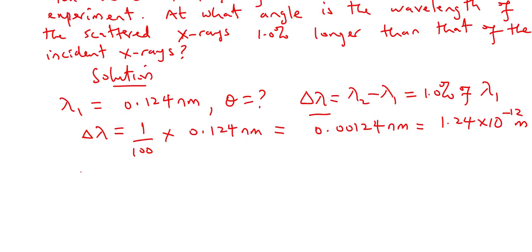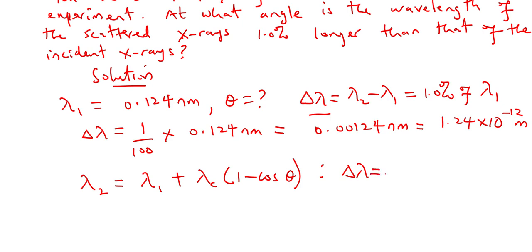Now recall that our formula for Compton scattering is lambda 2 equals lambda 1 plus lambda c into bracket 1 minus cos theta. Our goal is to find theta, so we make theta the subject of the formula. This equation can be written as delta lambda, which is lambda 2 minus lambda 1, equals lambda c into bracket 1 minus cos theta.